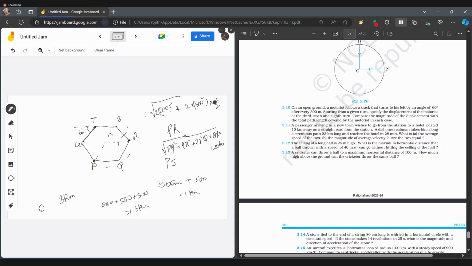Okay. So this will be... 2 by 2 step, 500 by 2 step... we'll be left with 3. Okay. So 500 root 3 will be the answer, which is 866.03 meters.